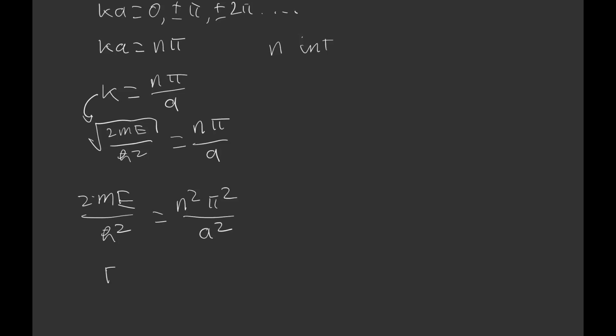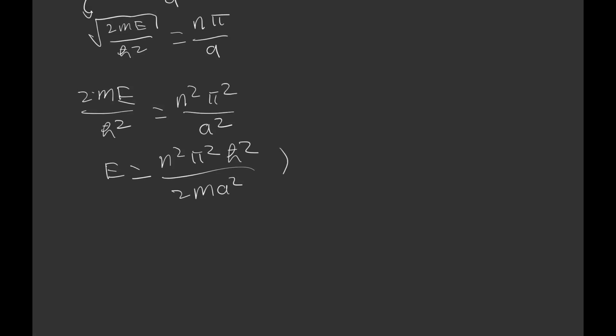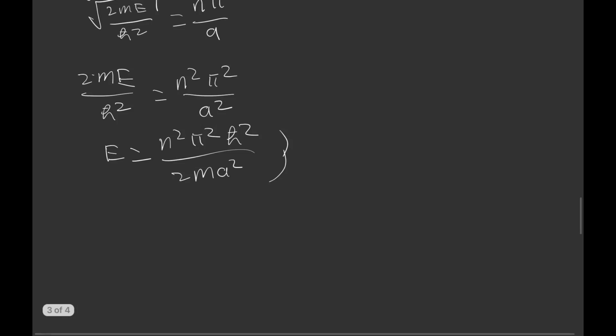So E is equal to n squared pi squared h bar squared divided by 2m a squared. So this is what the energy of the particle or the wave should be. This is of course different from classical physics, because there every energy is allowed.